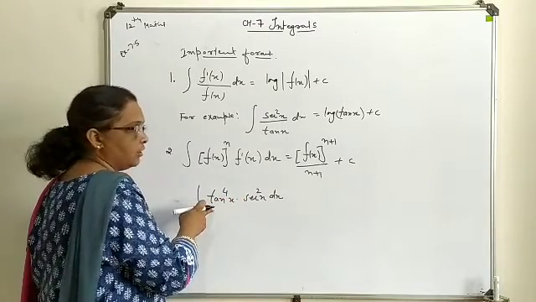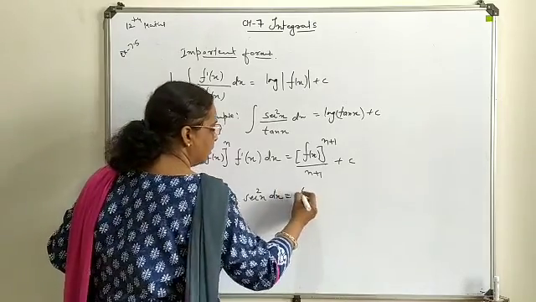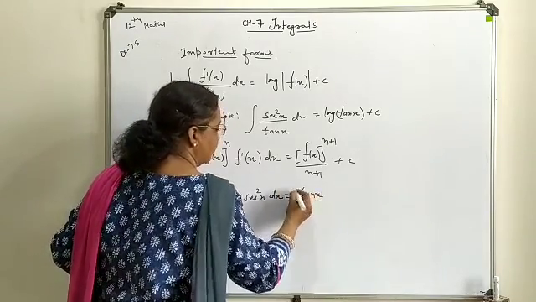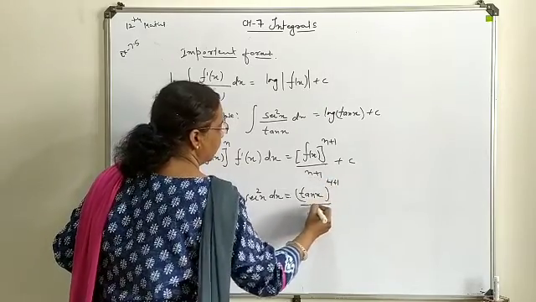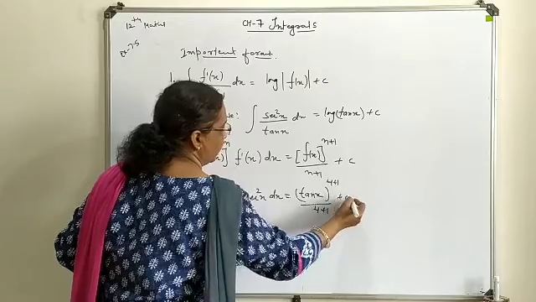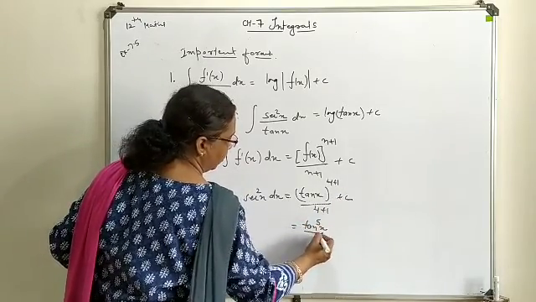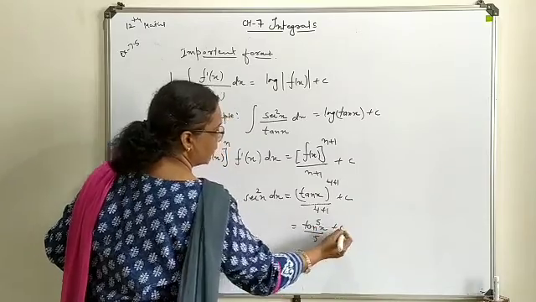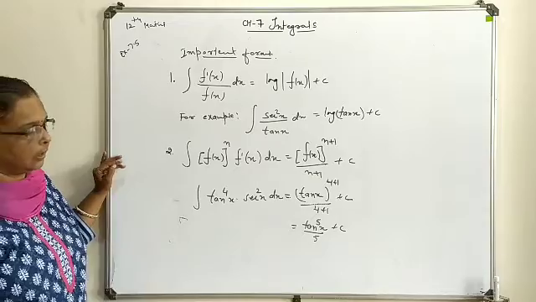So being tangent the main function containing power 4, its integration will be tan x with power 4 plus 1 upon 4 plus 1. So finally this will give you tan power 5 x upon 5. This way, this is the second application you can implement.